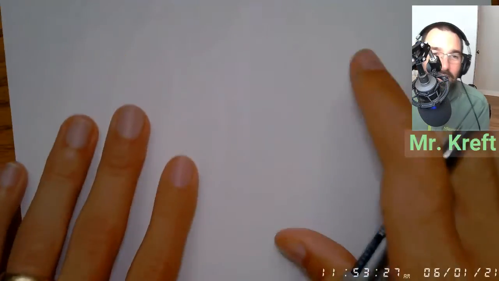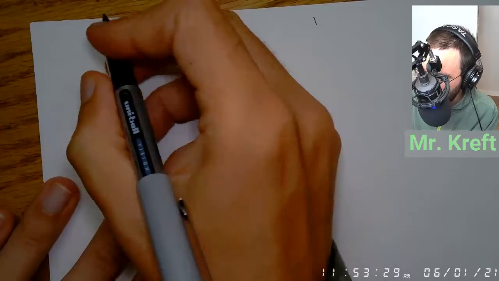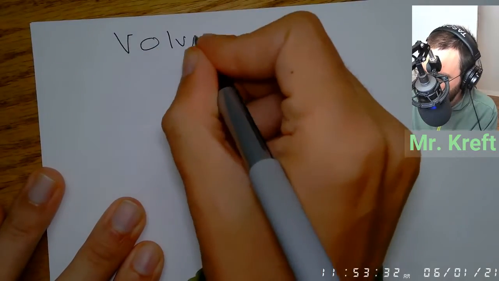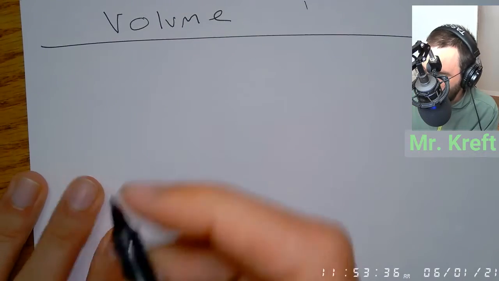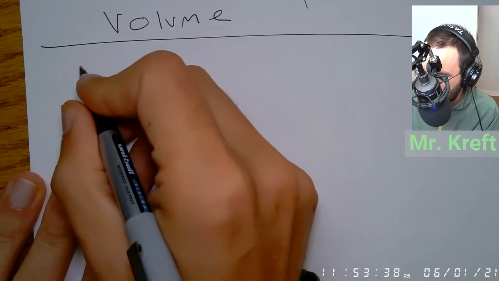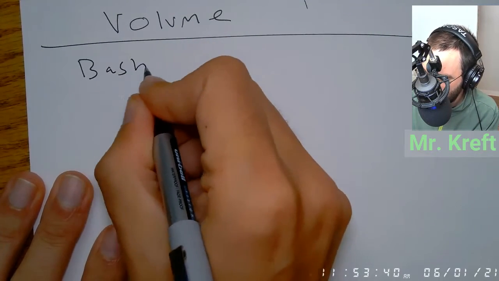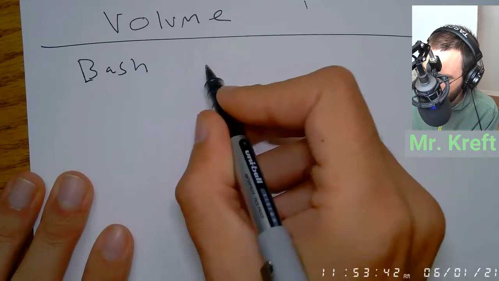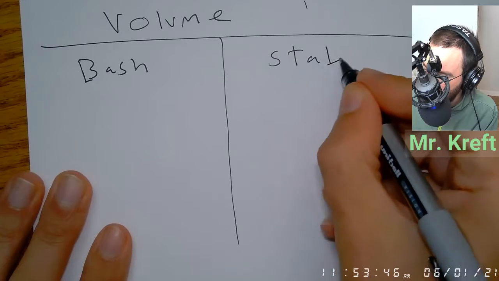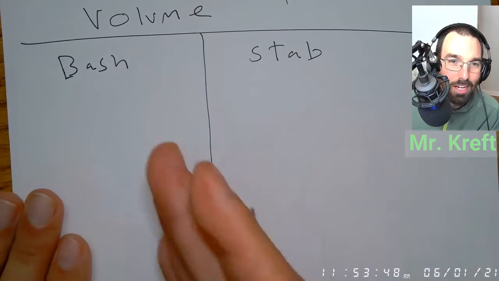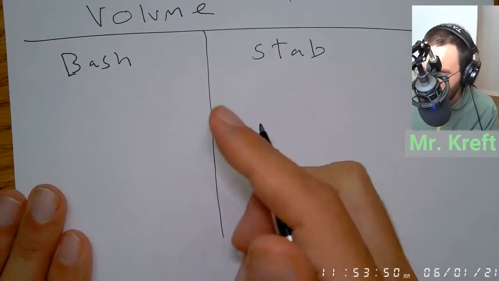Okay, so what does this mean? Let's talk volume. On one hand, we have objects that can bash, and on the other hand, we have objects that can stab. So we're talking about bashing and stabbing.